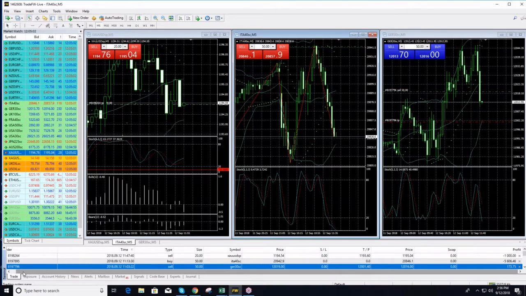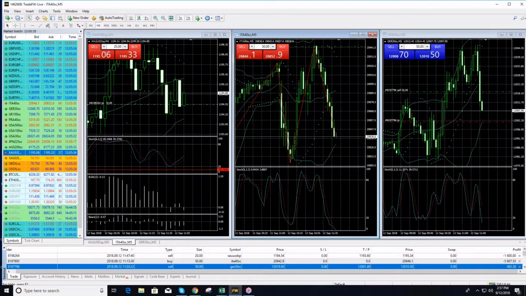DAX is making money. Now it started. Now the game started. On Italy 40, I'm still not worried, guys. I will still not go long. I want a strong signal and then I will go long.